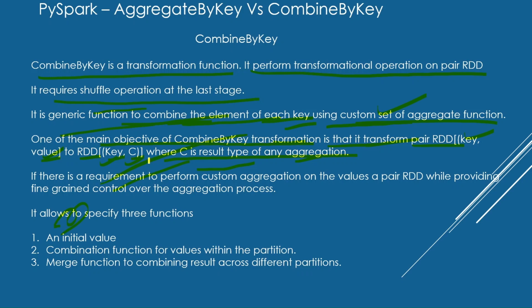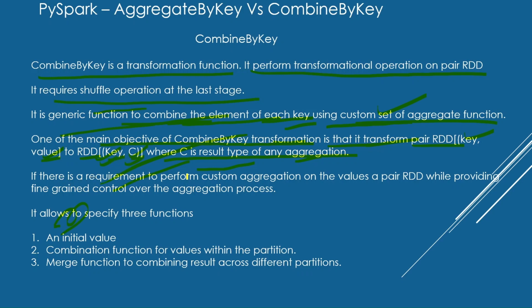Suppose we want to do aggregation on an RDD for max, or sum, or minimum, or average. So C will be like this. If you are going to do the sum aggregation, the result would be the sum. If you want to figure out the max value, C will be the max value which is present for this key in that particular RDD.